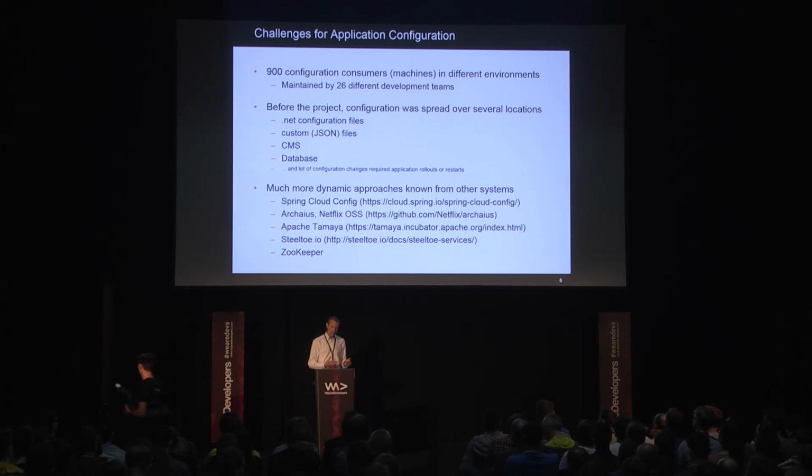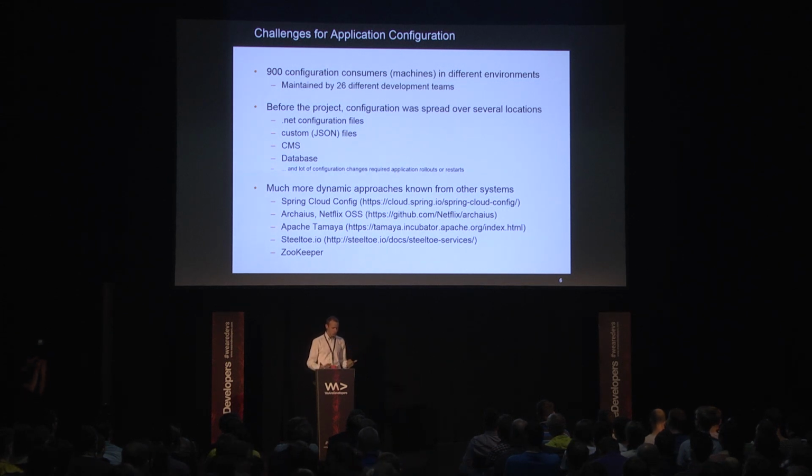Before the project that I am talking about here, we had configuration spread partly in different locations. So we had .NET configuration files, web config, app config, we had a custom built JSON config store, we had partly people fleeing to the content management system that wanted to have more frequent updates, some databases with config but without back offices.